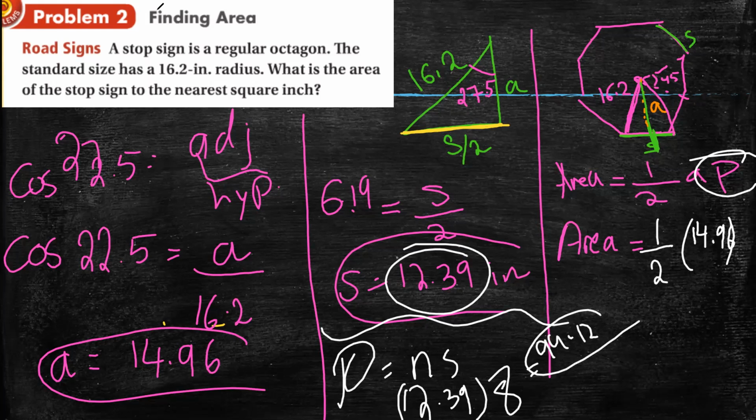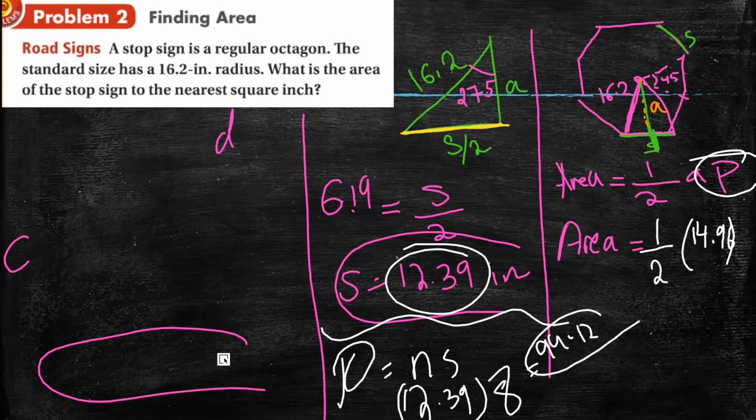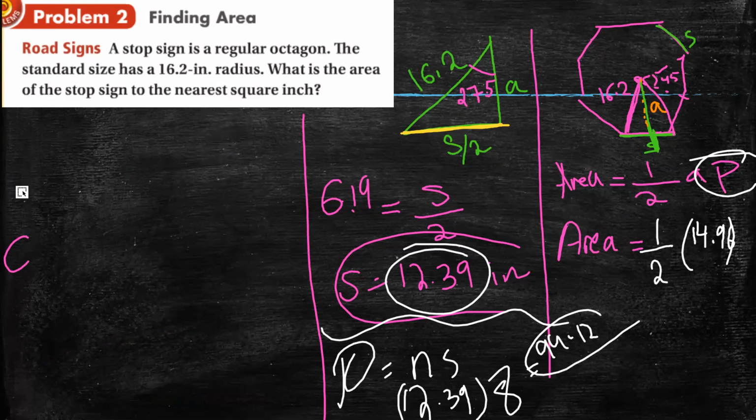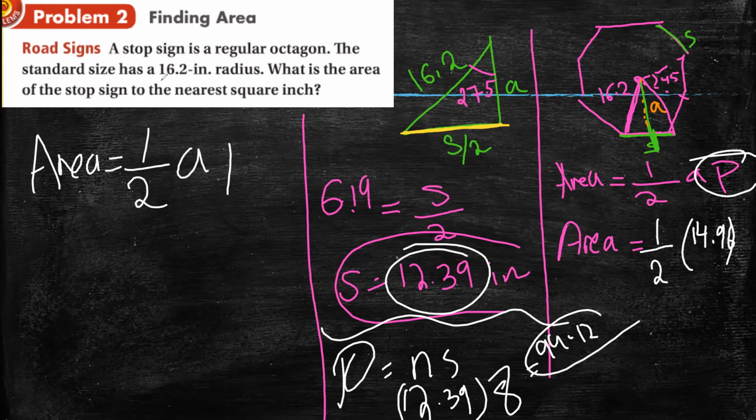So let's write here. So now the area is half a times the perimeter. a, we found it here.